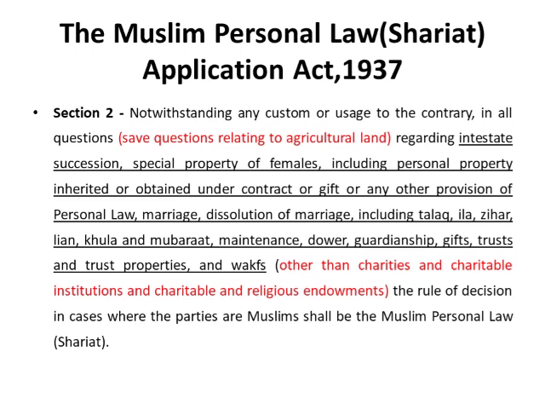Another question in which Shariat law will not be applied are charities and charitable institutions, and charitable and religious endowments. And the Shariat Act will also not be applied to those matters which are not expressly covered by the Act. For example, preemption, in which custom, of course, prevails.